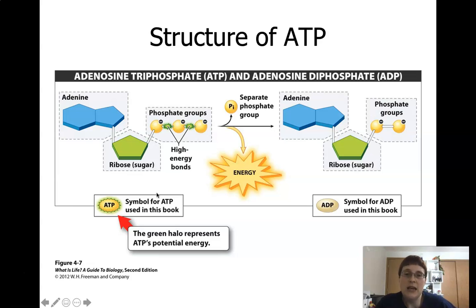Whenever you use ATP to get energy, so you can see here, we're going to get the energy out. Your cells do that by breaking off this end phosphate, okay? That releases the energy from this bond and turns it into this guy right here, ADP, adenosine diphosphate.